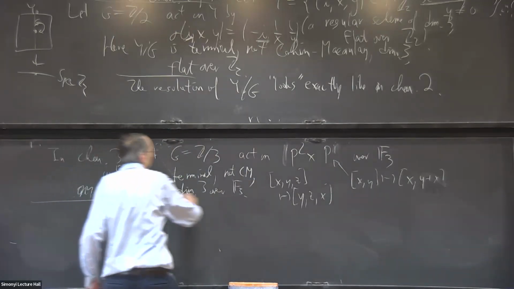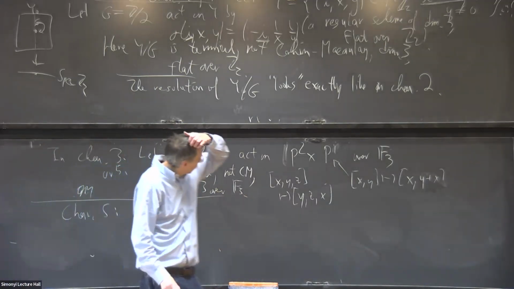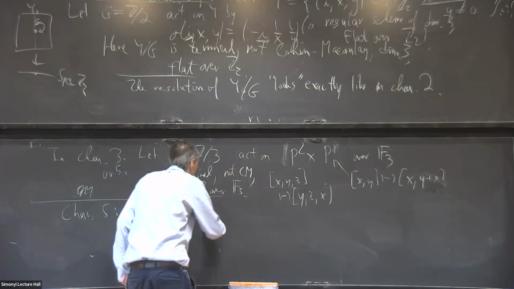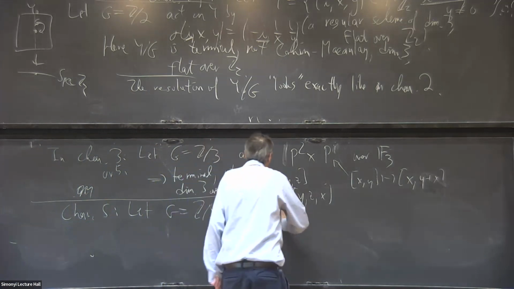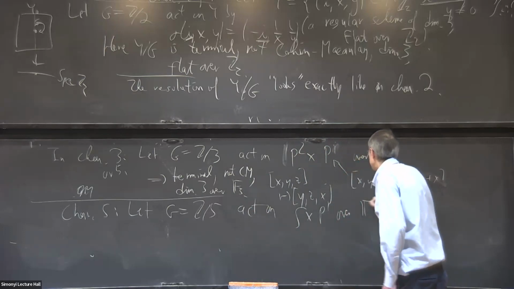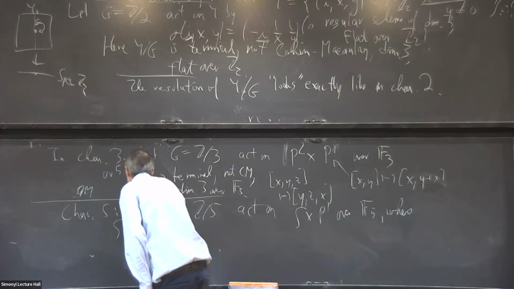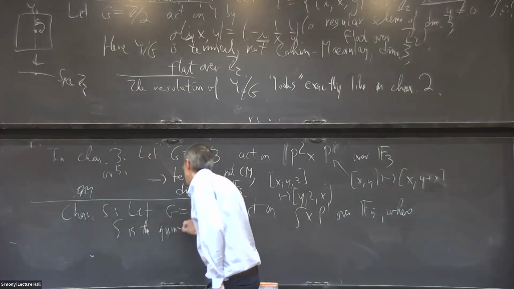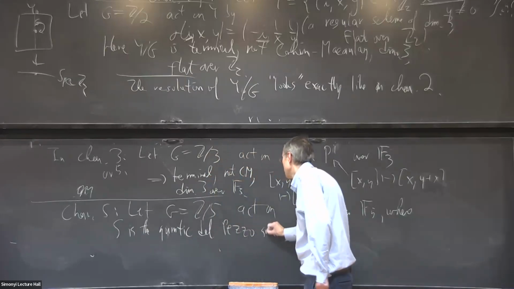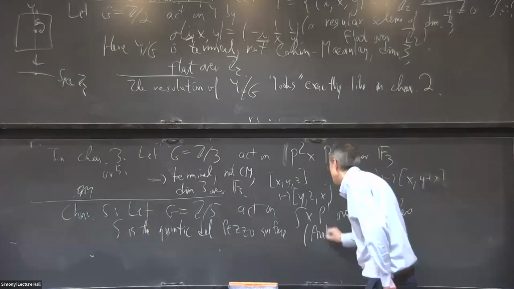And so finally, in characteristic 5, it's somehow harder to guess what the simplest singularity is, but I'm pretty confident that this would take Z mod 5 acting on S times P^1 over F_5, where S is the quintic del Pezzo surface, P^2 blown up at 4 points, you could say. If you describe it that way, it's not obvious that the surface has an actual Z mod 5 action on it, but it does.